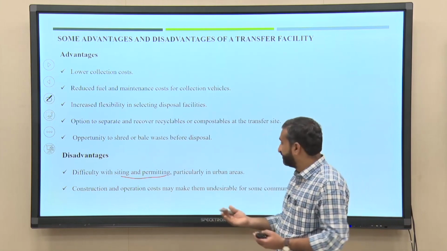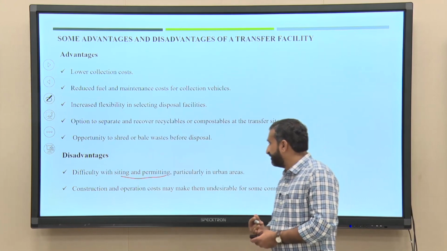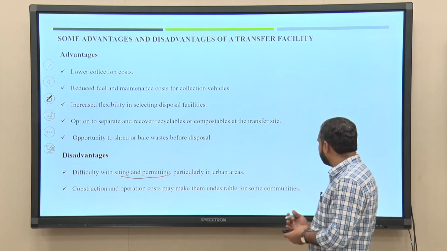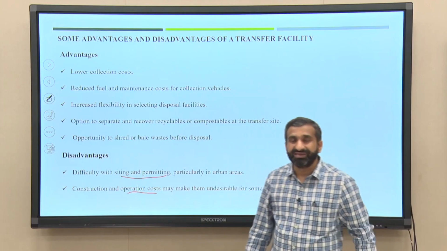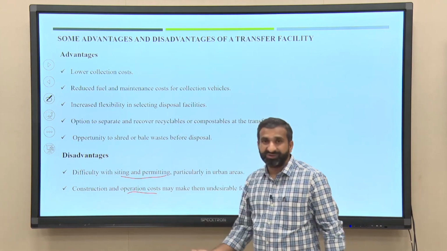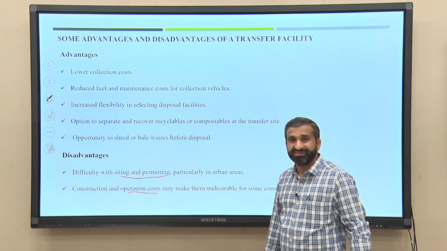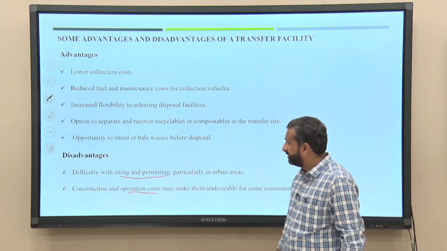So, obviously, finding such a location itself is a very difficult task, and construction and operation cost may make it undesirable for some communities. So, this is also one of the related issues, because it is close to residential areas. Obviously, local people will not allow a transfer station near their locations, and finding that kind of location is somewhat difficult.